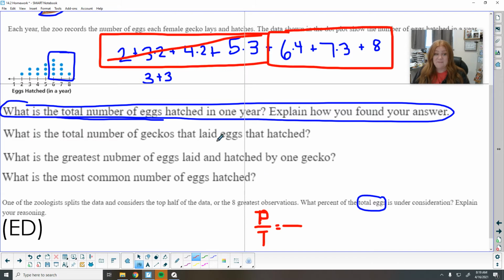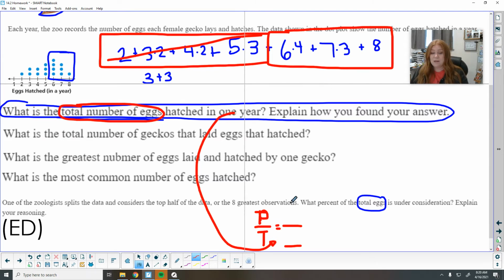So we've already figured out the total number of eggs in this first problem here in part A. So when we did 2 plus 6 plus 8 plus 15 plus 24 plus 21 plus 8, that is our total number of eggs. So part A is going to go here. So this is from part A. This answer goes right here.